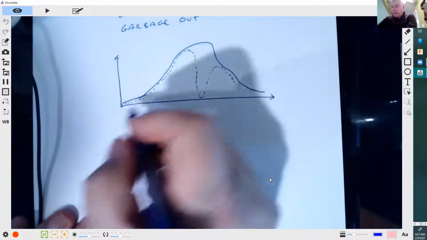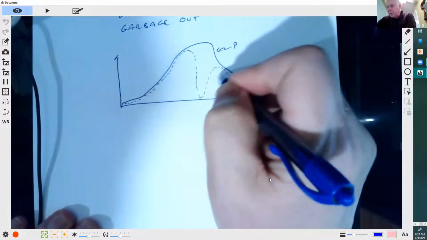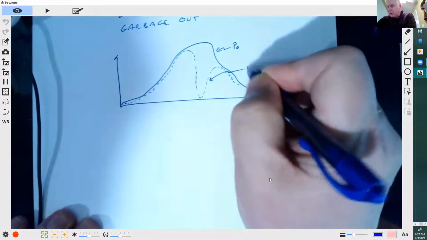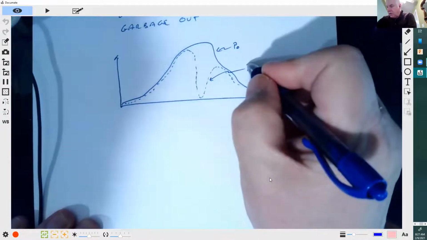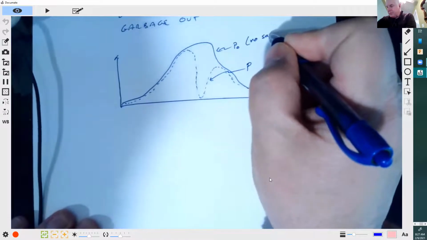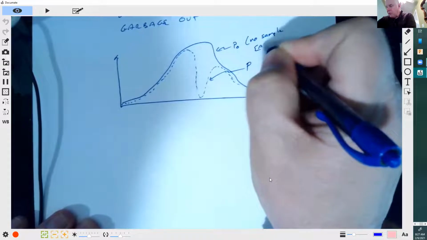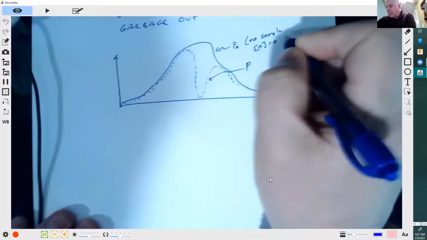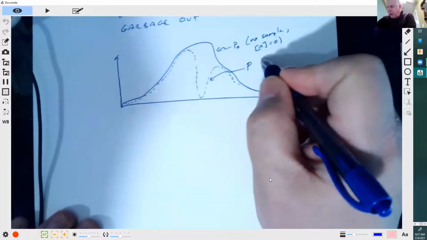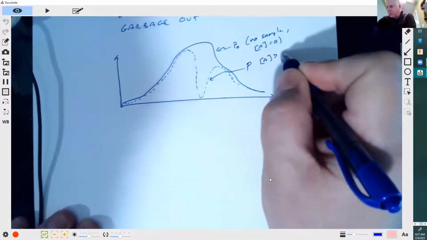Yeah. So this is the light power spectrum P, or P0. And this is the light power spectrum P. The difference is that P0 has no sample, or the concentration of your analyte is 0. And here you have concentration not equal to 0.